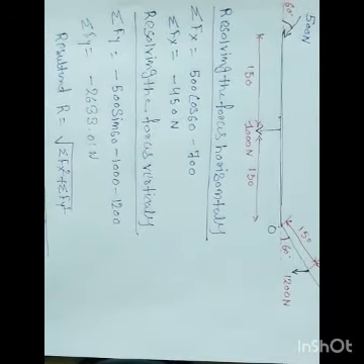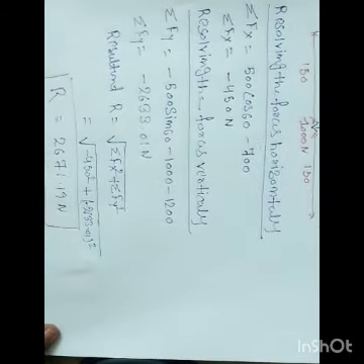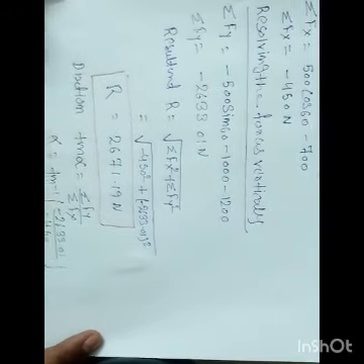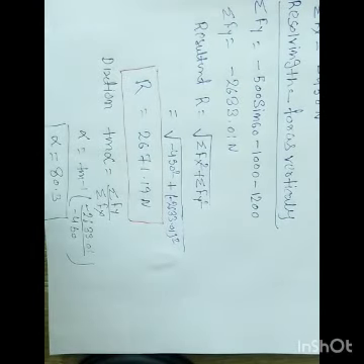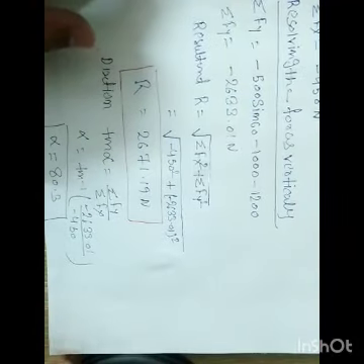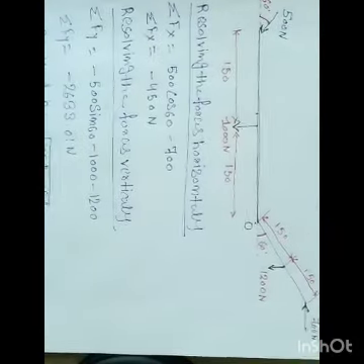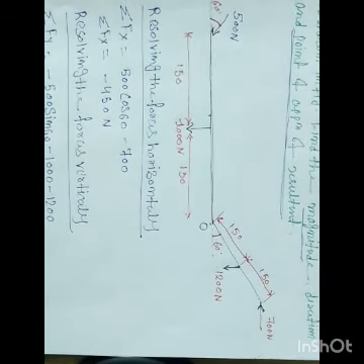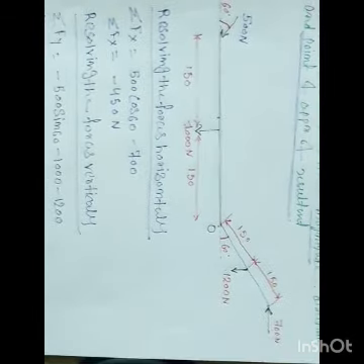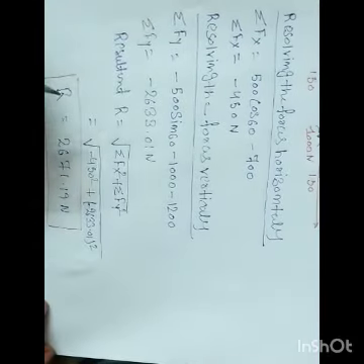If you want, you can copy this. Right now, the main thing we have to find is the position of the resultant, which is the point of application of the resultant, right? So for the point of application of the resultant, I'll show you here only. Let us say the resultant is R, is it or not?